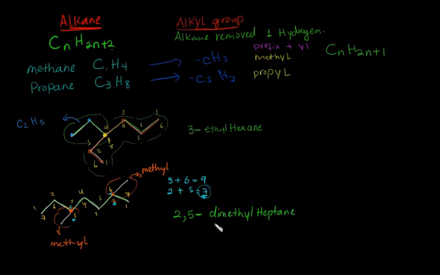Alright? So if you notice, we use here the prefix di to represent 2 alkyl groups. So what do we say if we have more than 2?